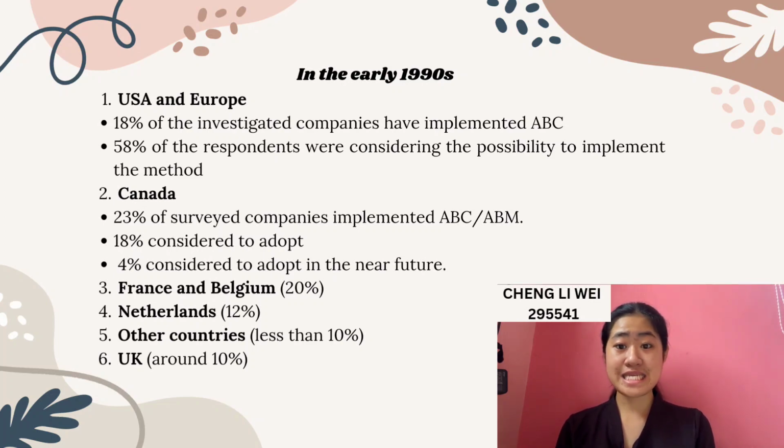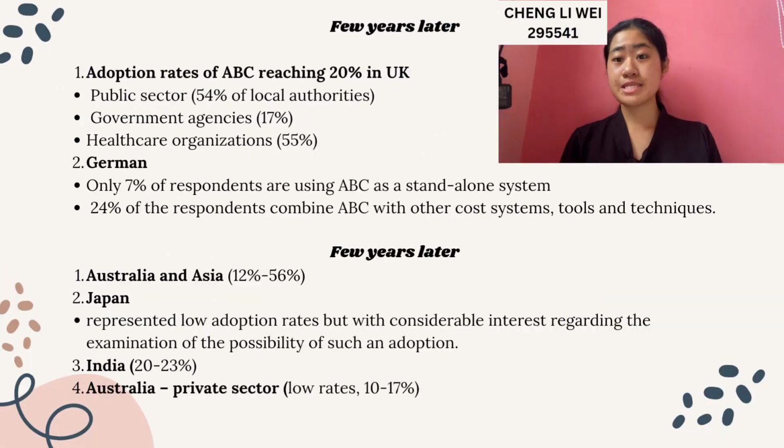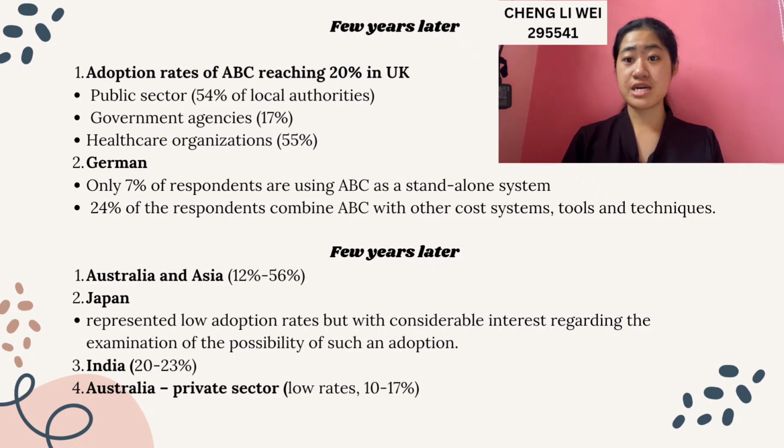In the early 1990s, researchers reported low adoption rates of ABC, around 10% in the UK. A few years later, the same survey shows more companies implementing ABC, with adoption rates reaching 20%. As for the public sector, 54% of local authorities, 17% of government agencies, and 55% of healthcare organizations were using ABC or ABM techniques.